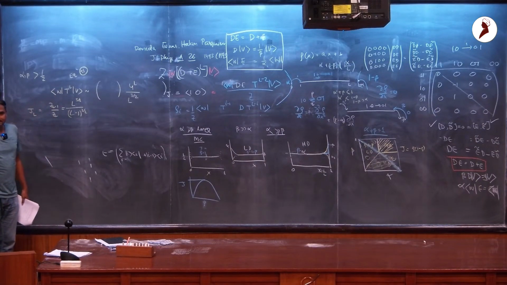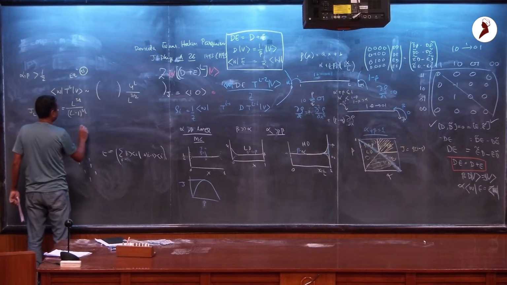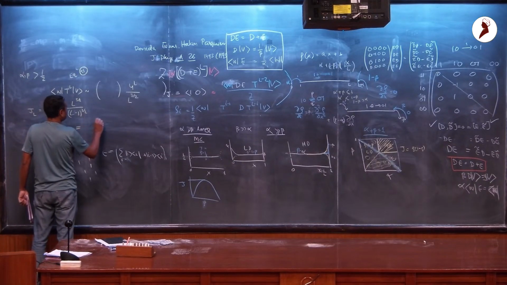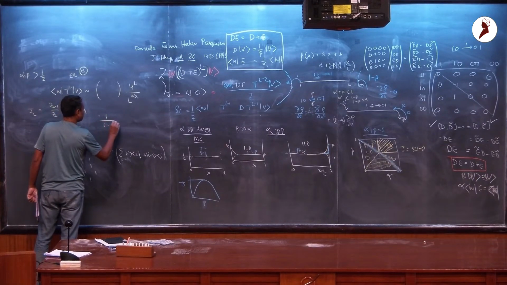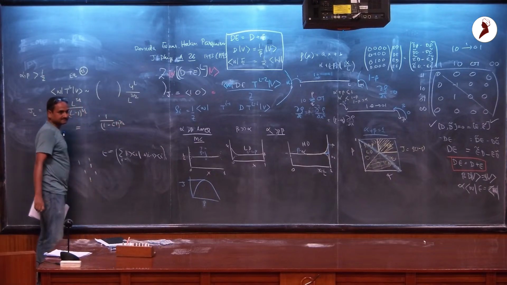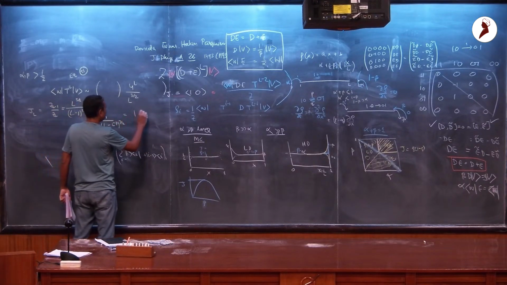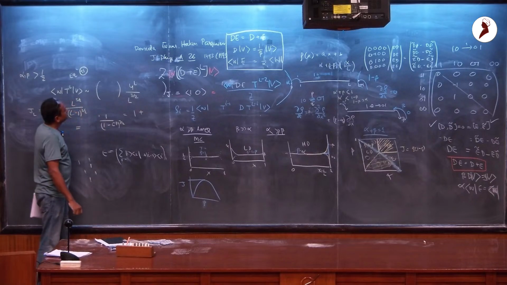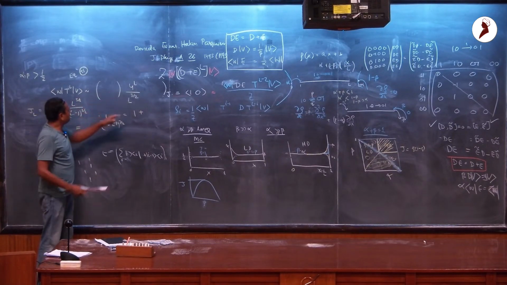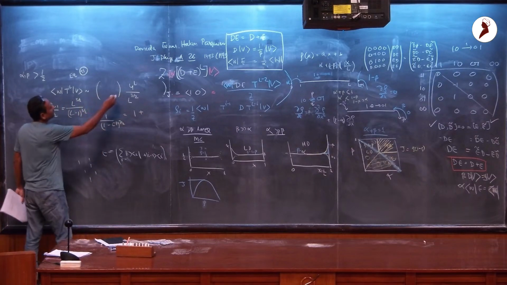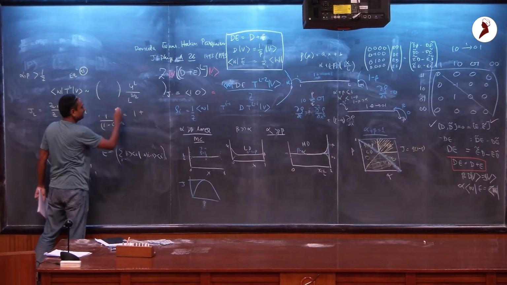Is it clear? So now what is this? This is 1 divided by 1 minus L inverse whole to the power 3 by 2. The 1 by 4 is also there. Why should you drop that? 4 to the power L minus 1 by 4 to the power L, that is a 1 by 4.